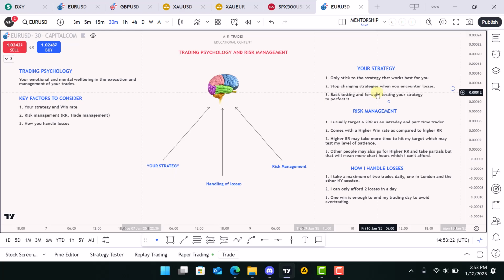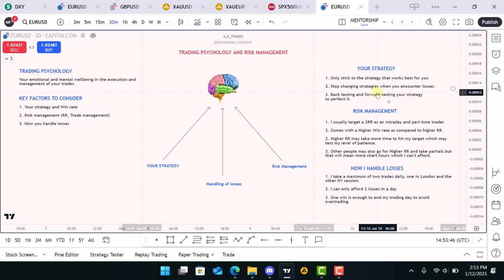If I go for a lower RR, it means it will take less time for my target to get hit. And time is very essential on my part because I have a full-time job and I don't want to spend more hours on the chart. So I enter the trade at 2R and I'm done for the day. That is how I trade.